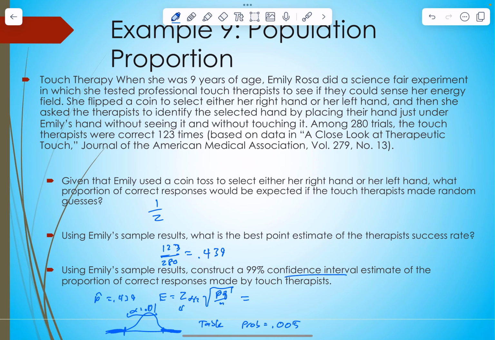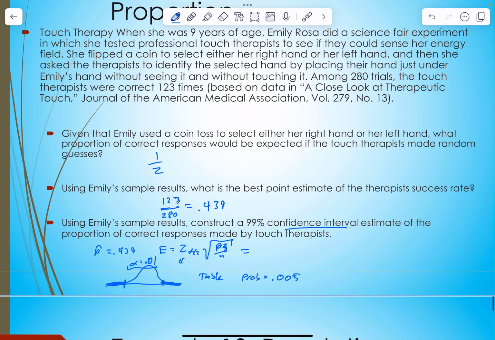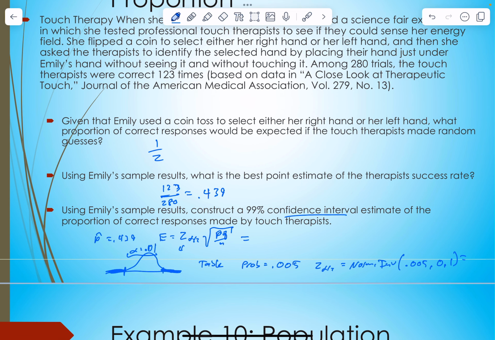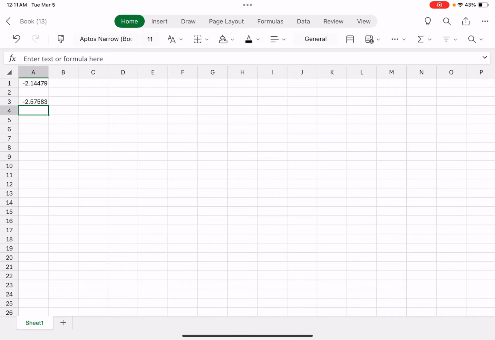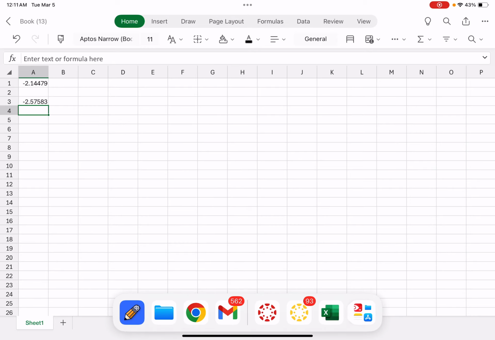So z alpha over 2 equals norm.inv 0.005, comma 0, 1. And that equals negative 2.575.